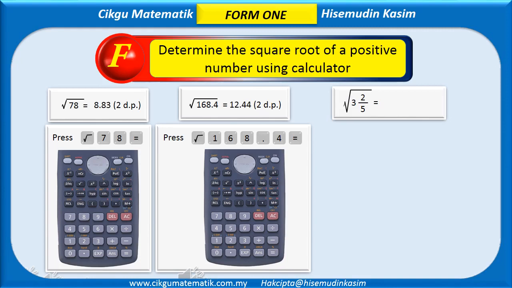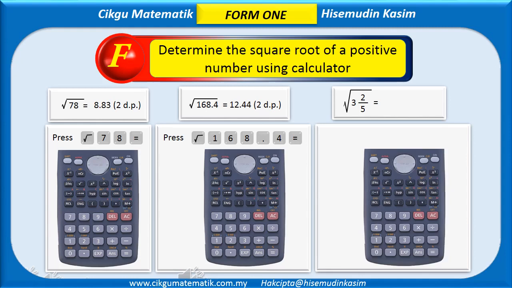The square root of 3 2 over 5. Press square root 3, symbol of fraction 2, symbol of fraction 5 equal. 1.84 to 2 decimal places.